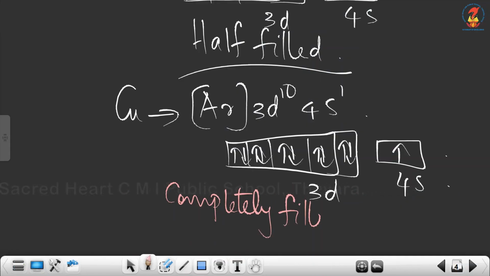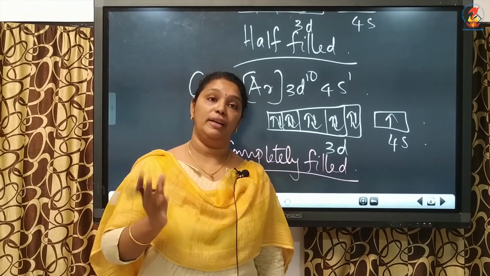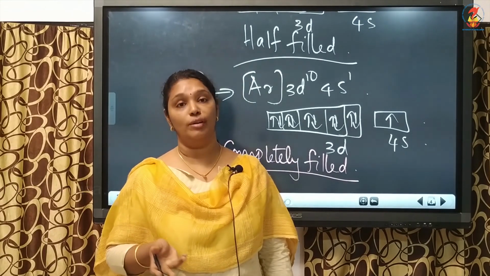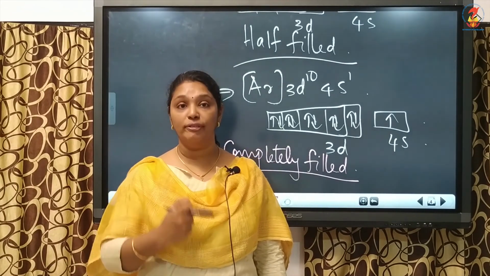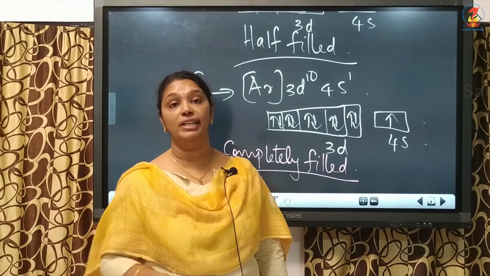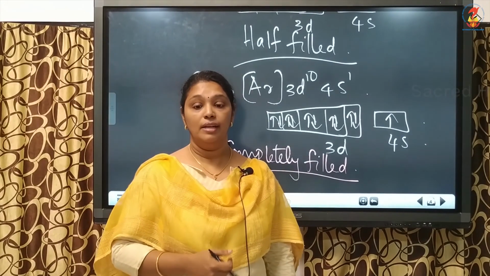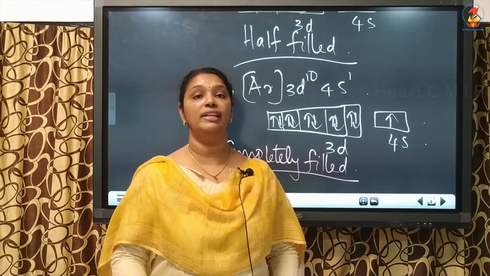So we can say half filled and completely filled orbitals have extra stability. So to get this extra stability, chromium and copper take this configuration. Chromium gets its stability due to half filled orbitals and copper gets its stability due to a completely filled d orbital.